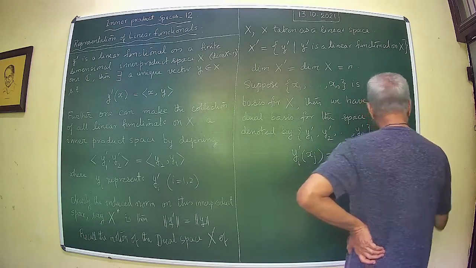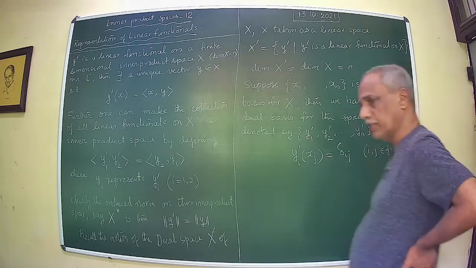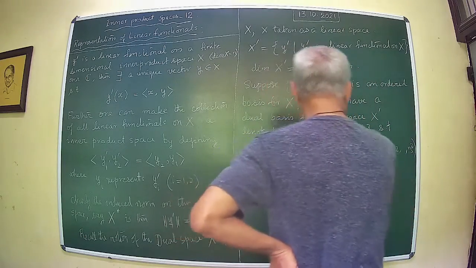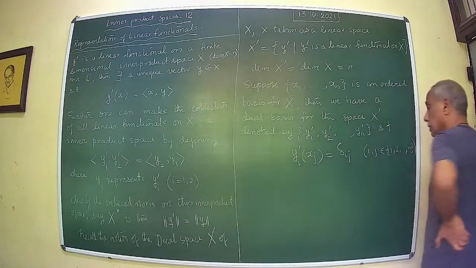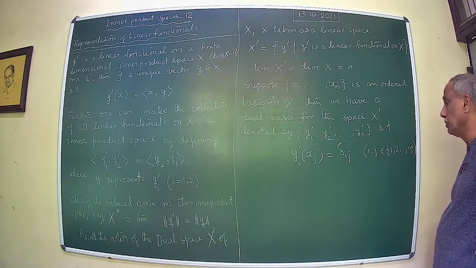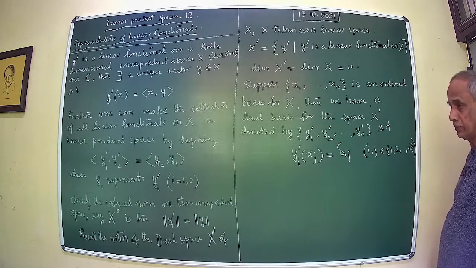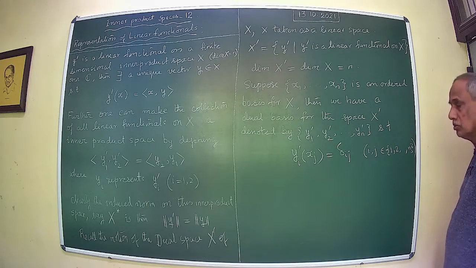So we have already seen, and you know that this is an ordered basis for x prime. Every vector in x prime can be expressed as a linear combination of y1 prime, y2 prime, etc., yn prime. Okay.